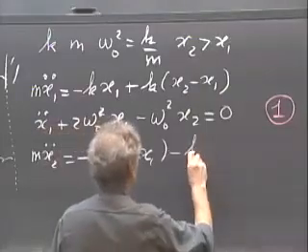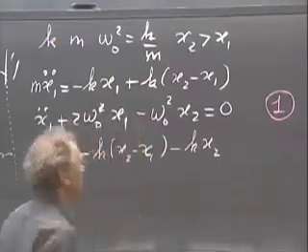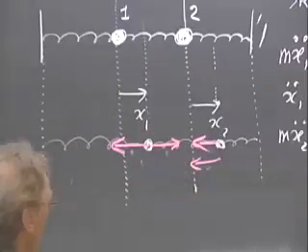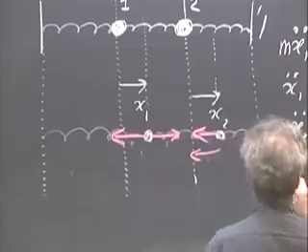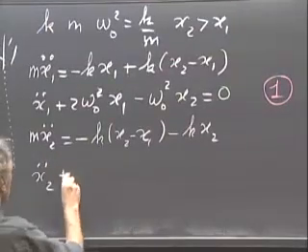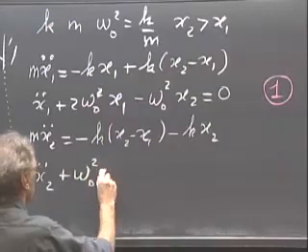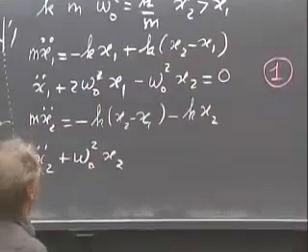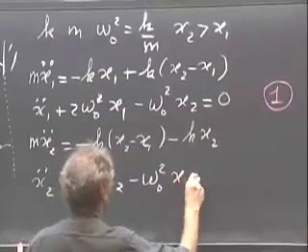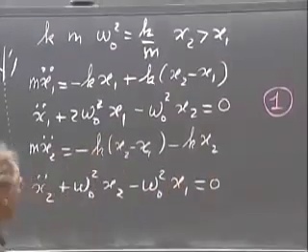So I get minus k times x2. It's shorter by an amount x2 than it wants to be. And so I can divide m out. And so I get x2 double dot, and then I get plus 2 omega 0 squared times x2, and then I get minus omega 0 squared times x1 equals 0.